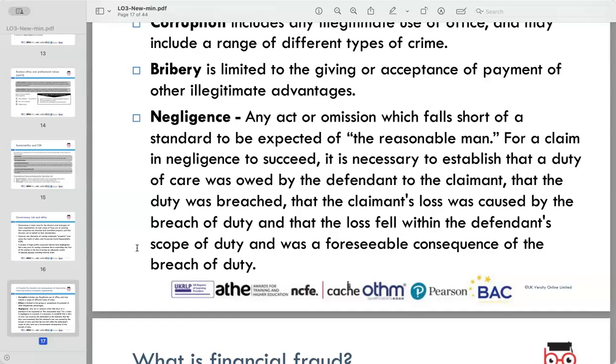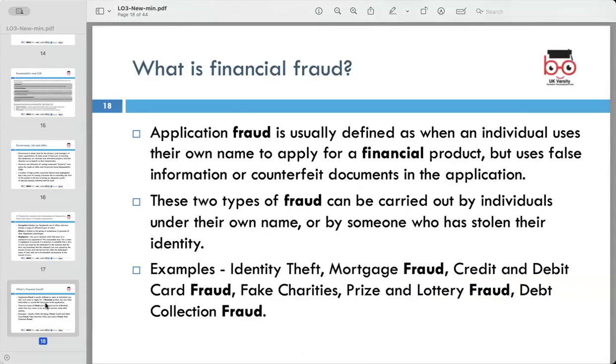Fraudulent activities such as identity theft, mortgage fraud, or credit card fraud not only harm individuals but also tarnish the organization's reputation and may result in regulatory scrutiny and financial repercussions. Similarly, bribery compromises ethical standards, damages corporate integrity, and may lead to legal consequences, including fines and imprisonment. What is financial fraud?